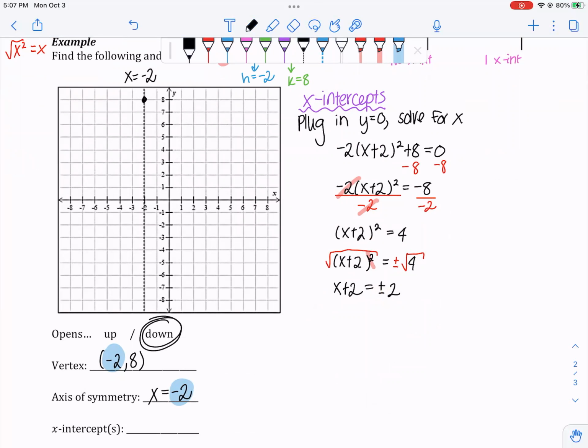We have x plus 2 equals +2, and we have x plus 2 equals -2. This gives us x equal to 0 and x equal to -4. Those are our x-intercepts. So here at 0 and at -4.